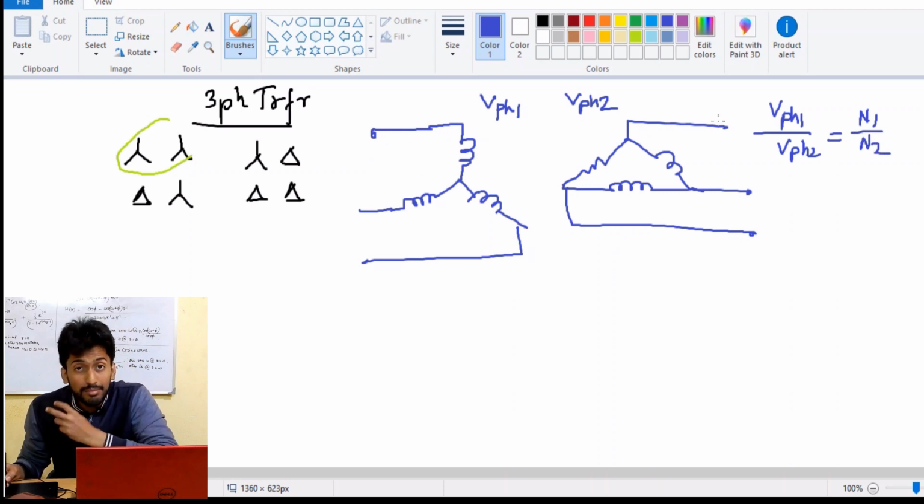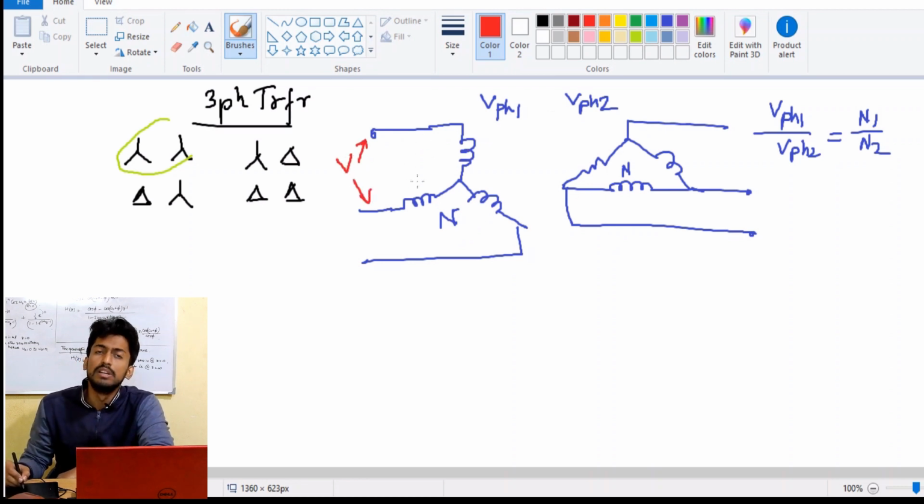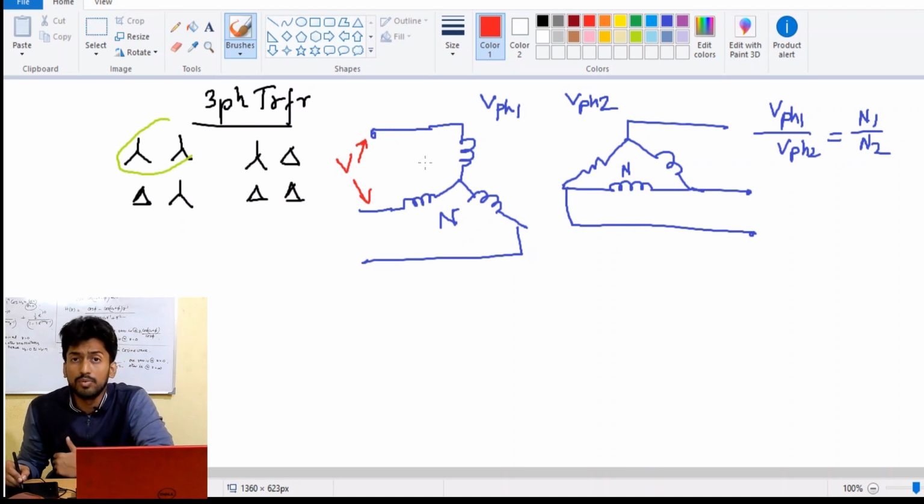But the fact is that in this case we have taken that the turns ratio of these two windings is the same, that is N and N. So what is going to happen? Say we are applying a voltage of VL across the line of the star connected part, the primary winding. So what will be the phase voltage here? It is the line voltage.